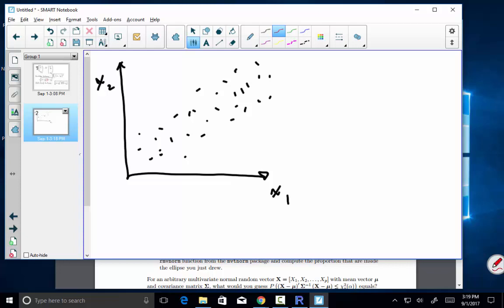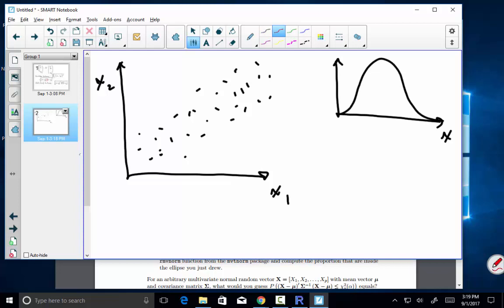A probability distribution in your intro stat class would say for a single random variable, there's some function, a curve, that dictates the probabilities assigned to different possible values of x. That's a univariate probability distribution function.